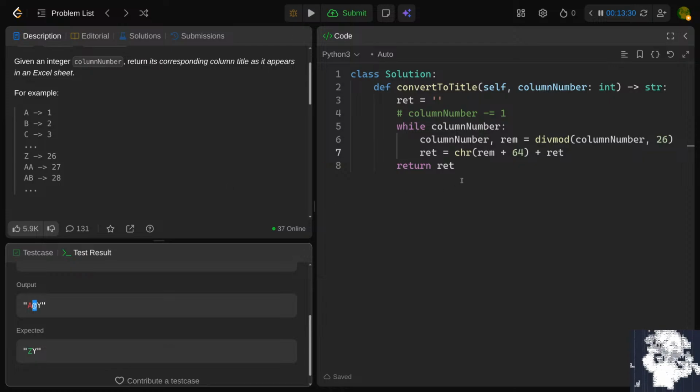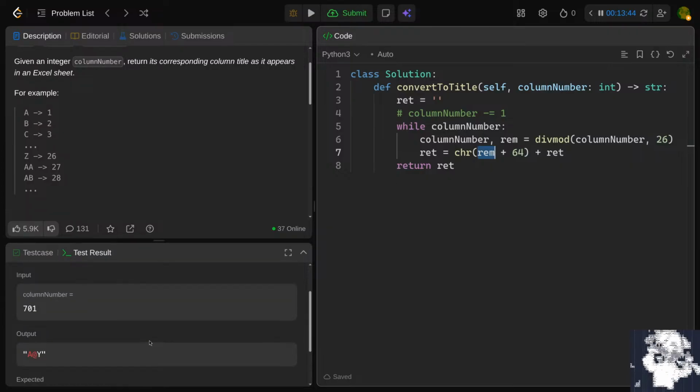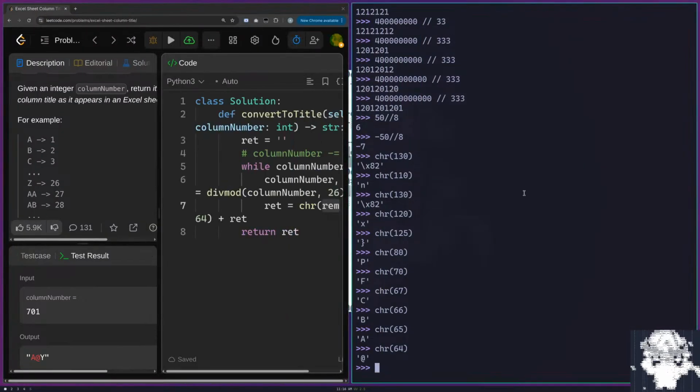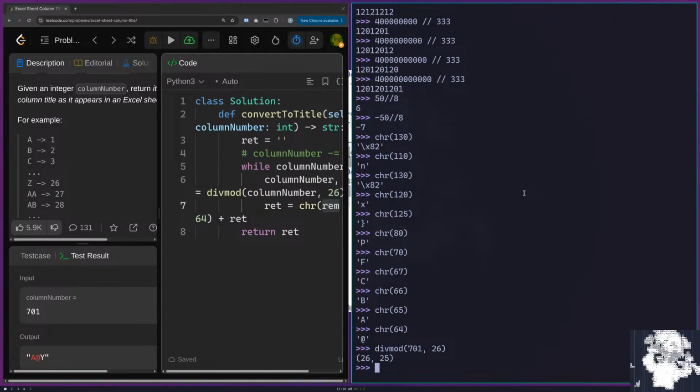So if your remainder is 0, so 701 div mod 26 gives you 26, 25. So now we know the first digit is whatever you get from 25.